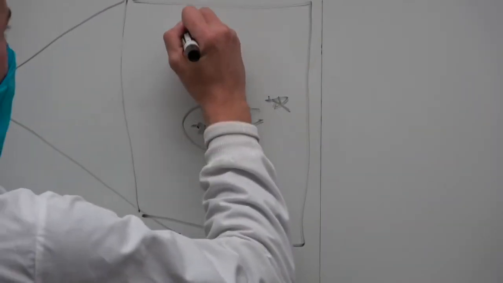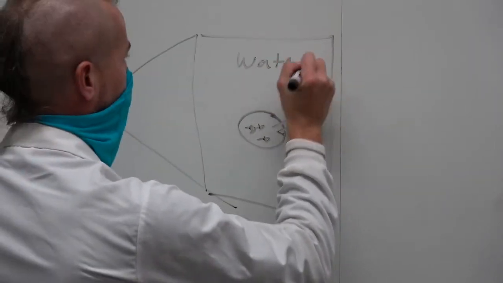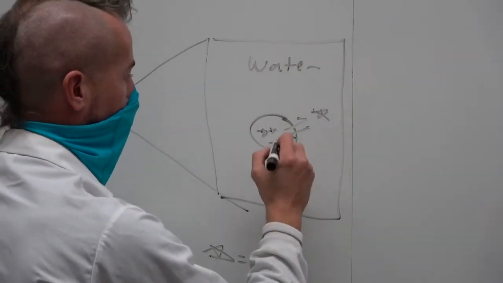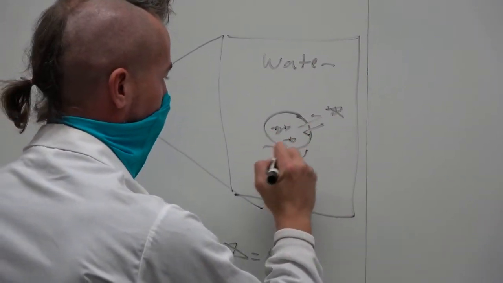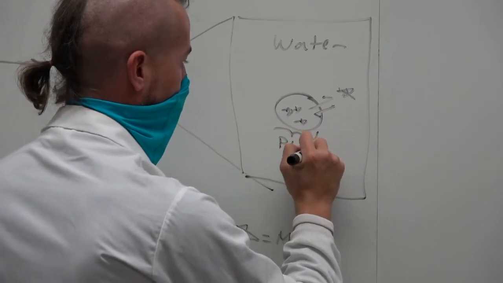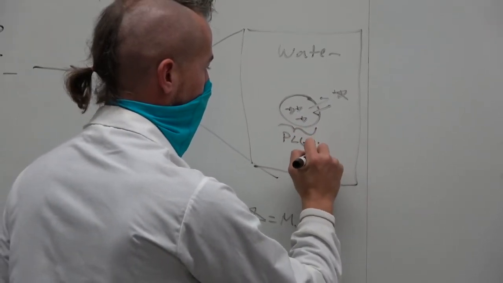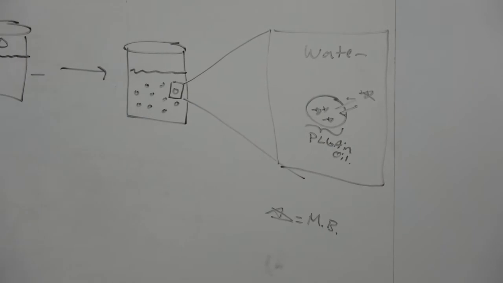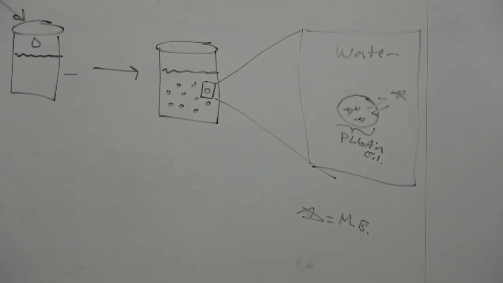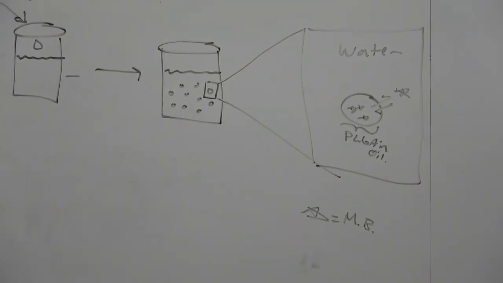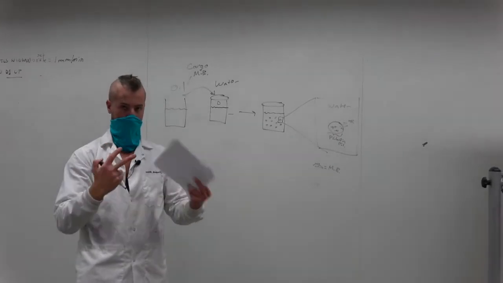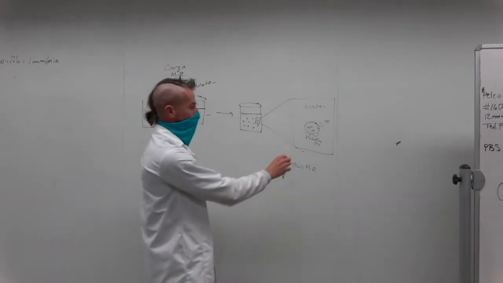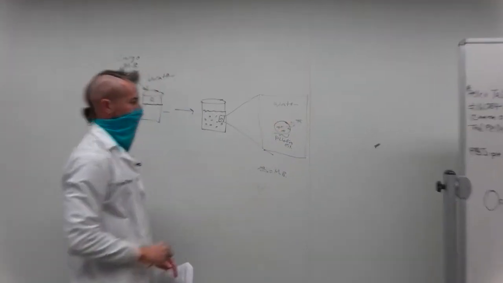Because out here is water, and this is now our oil. It's PLGA in oil. So there's some equilibrium across these.